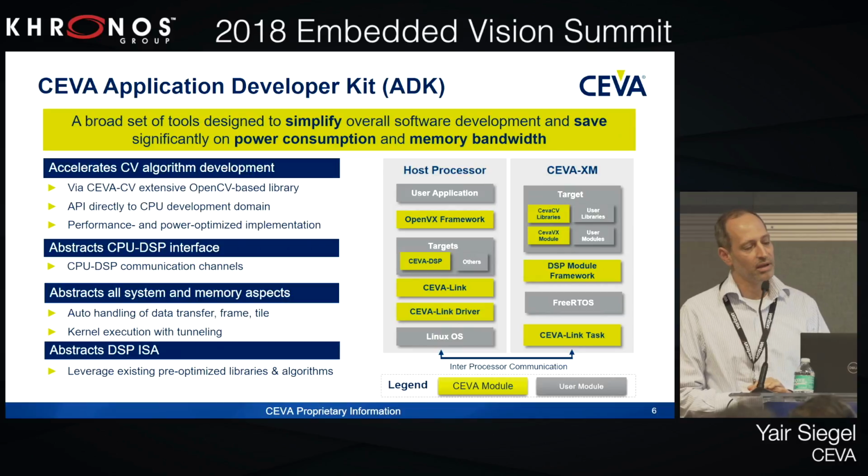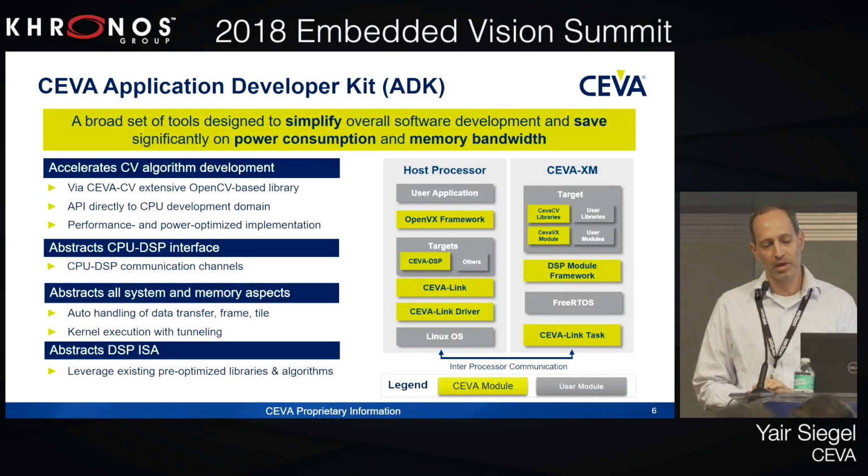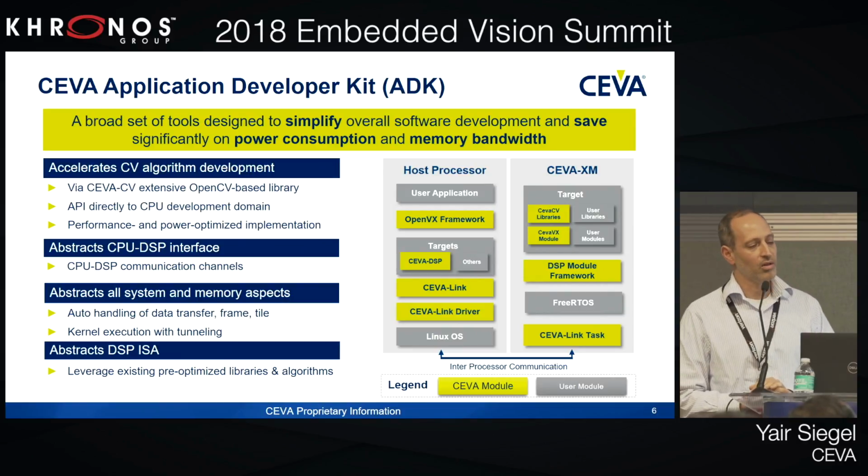And then for the computer vision, we have a full solution that enables to basically offload processing capabilities from the host side onto the computer vision processor, the CEVA XM family. And essentially, we have been working on our OpenVX implementation. It's still not fully certified, but we have been doing our computer vision techniques for quite a long time.